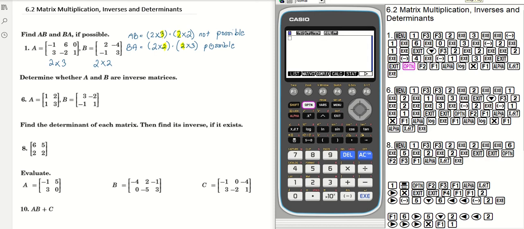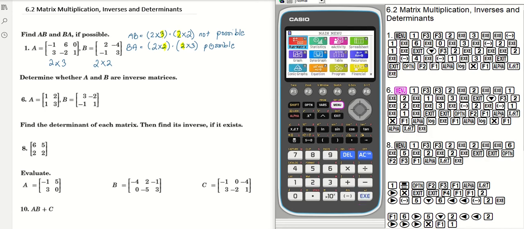After that, press option, press MAT stands for matrix B, and then multiply matrix A using alpha x theta t.